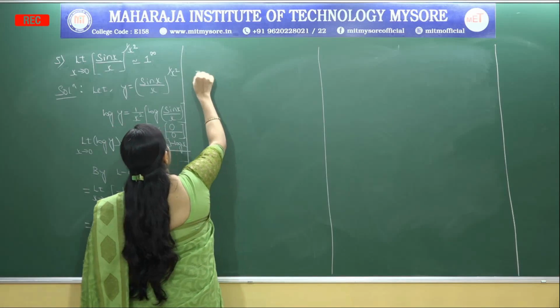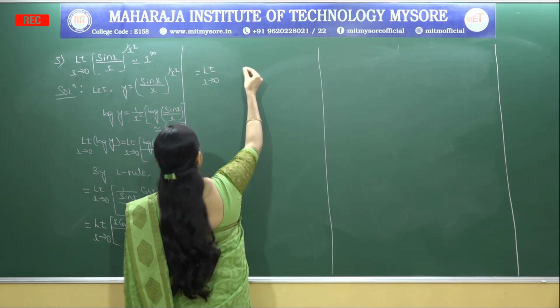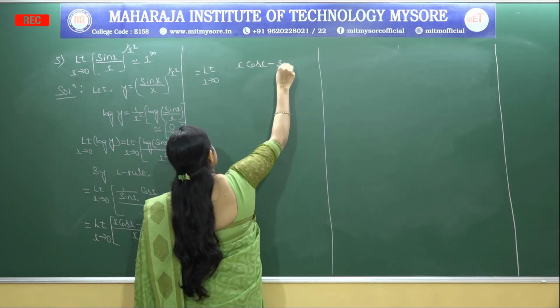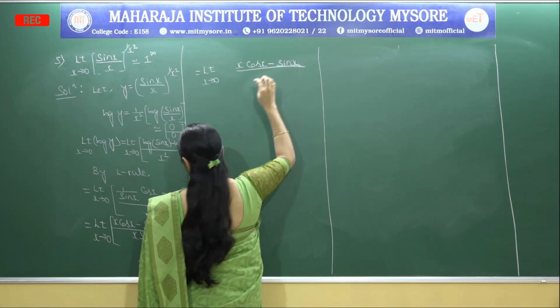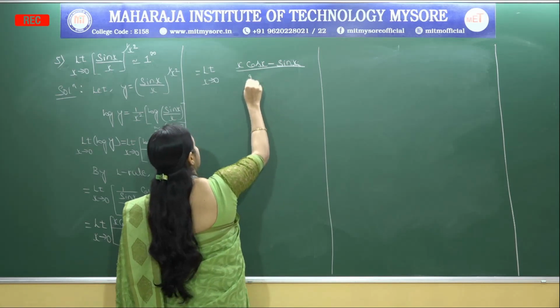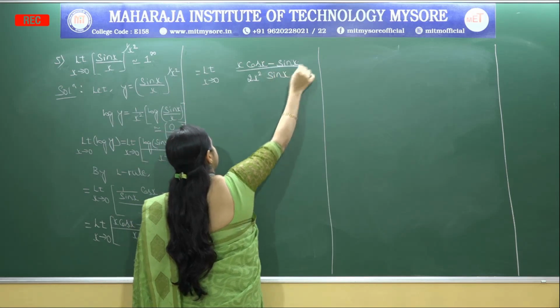So the limit as x tends to 0 of x cos x minus sin x, over 2 x square sin x.